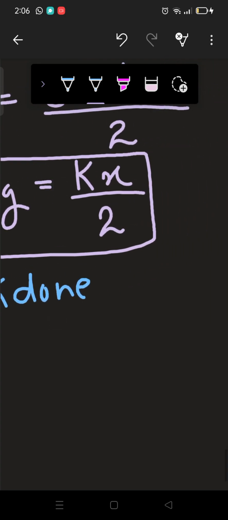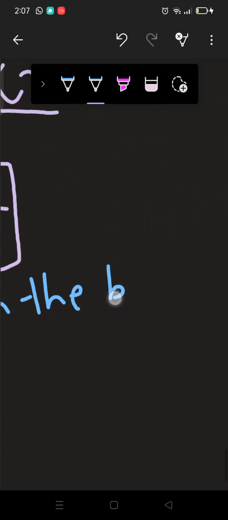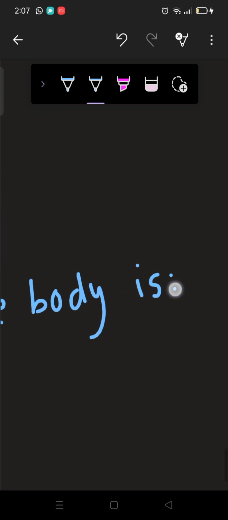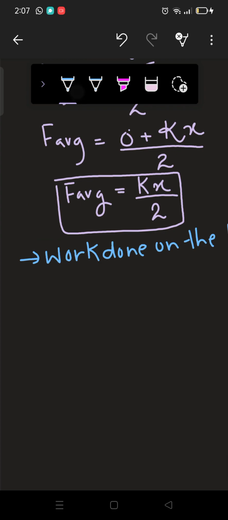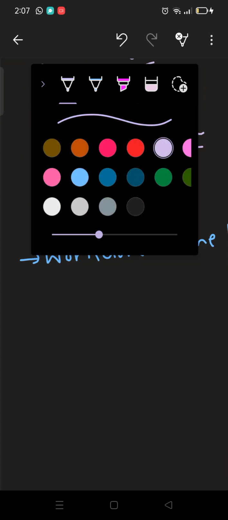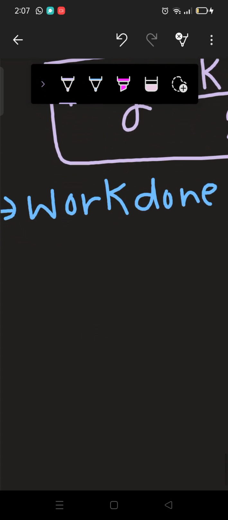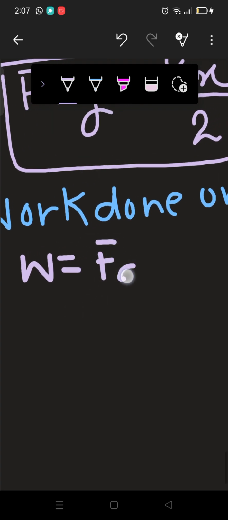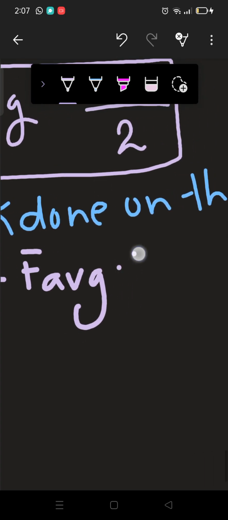W is equal to F dot d, but here it is F average, since we have found F average, dot x.